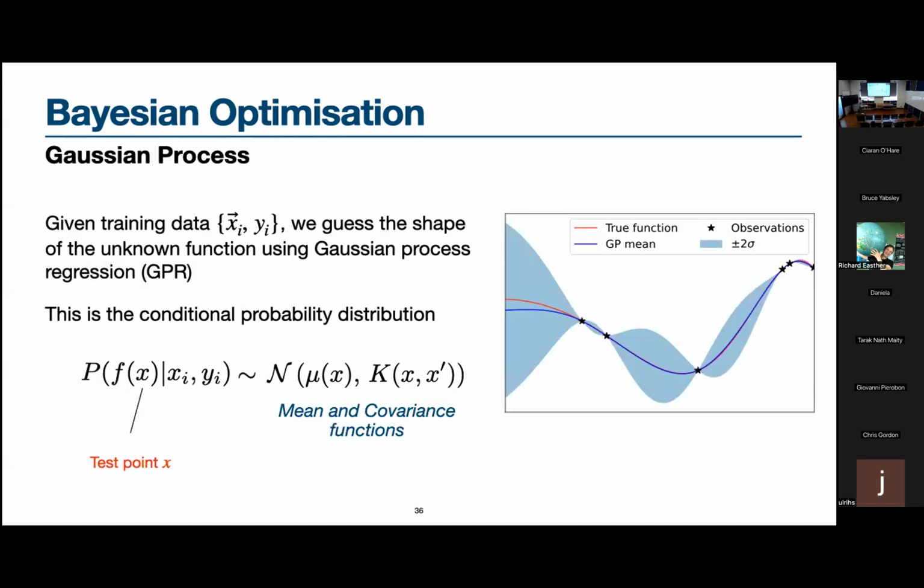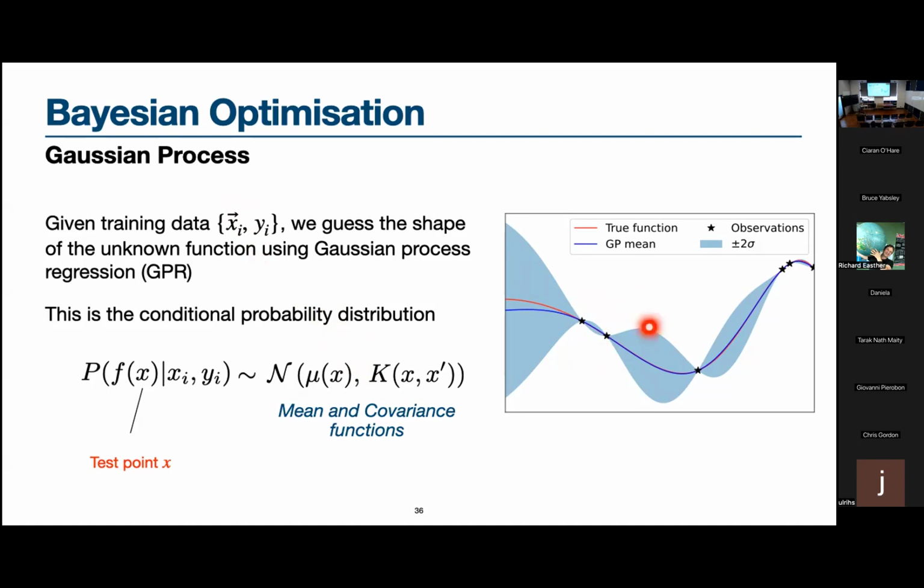So for step one, what we rely on is Gaussian process regression. The idea behind this is to treat the function value at each point as essentially a Gaussian random variable with a given mean and covariance function, which can be completely written down in terms of the points at which you've already evaluated the function. So in practice, what this looks like is shown in the following plot. If you have observations at certain points, your Gaussian process interpolation of your actual function will pass exactly through the values of the function at those points.